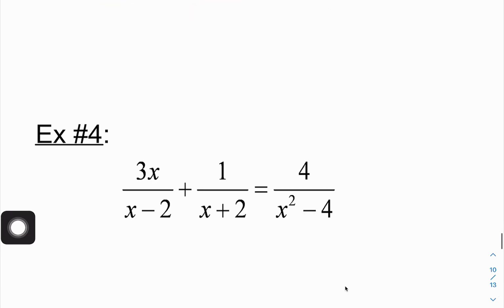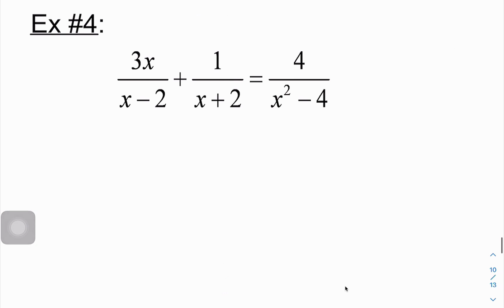All right, let's keep going. Now it gets a little bit more complicated. This is about as complicated as it'll get, okay? Somewhere in this vicinity at least. Now, if you take a look, it's a little bit more difficult to find your common denominator. First thing, let's actually factor the x squared minus 4.